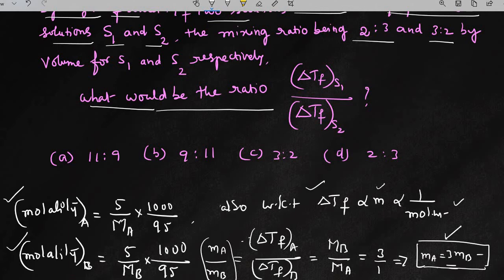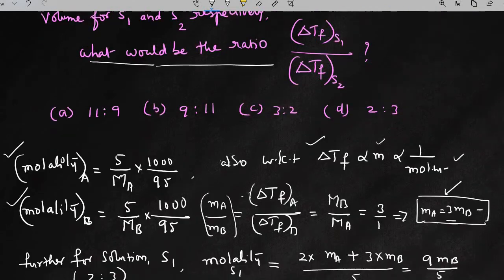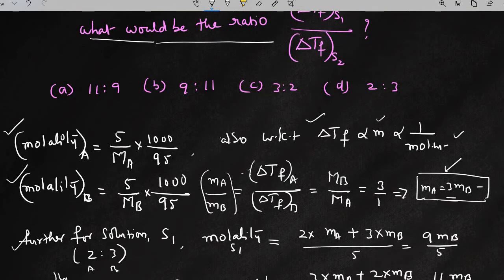We should be very comfortable when we do this, because this molality relation for the mixed solution, between small MA and small MB, will be useful. Here small m represents the molality of the solutions, right? Then we will start with the S1 solution.